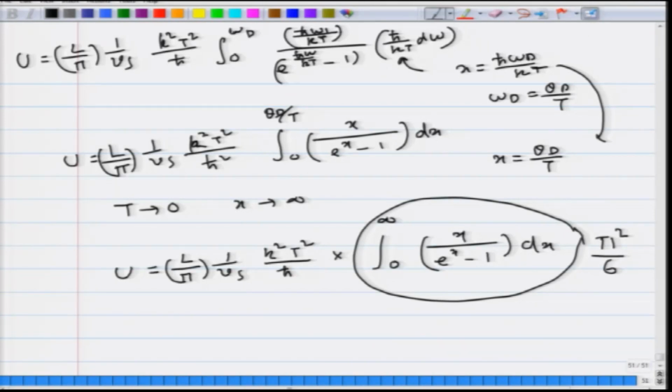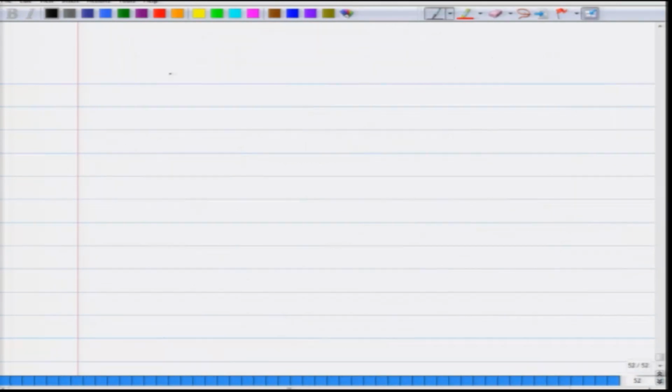So if we put the pi square by 6, we get U equals pi square by 3 L k square by h Vs into t square, and again we have theta d as h Vs by 2 k a.